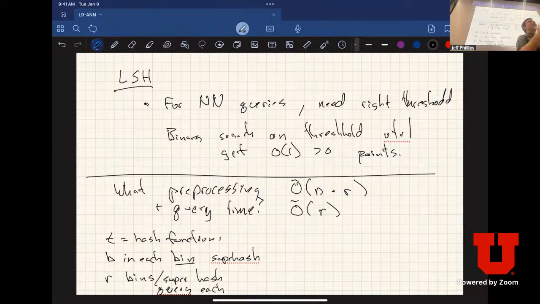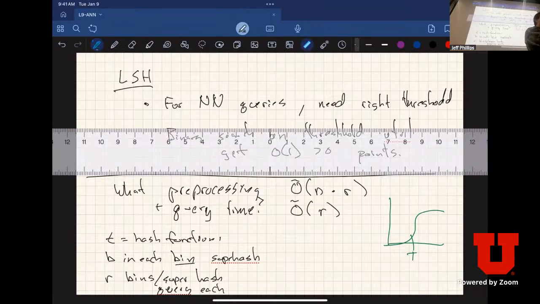So how big does r need to be? It turns out it depends on the approximation factor, on how I want to get this S curve, where there's some threshold, and I want this region inside here, where if it's to the left of this green region, the probability of having a false positive is low.